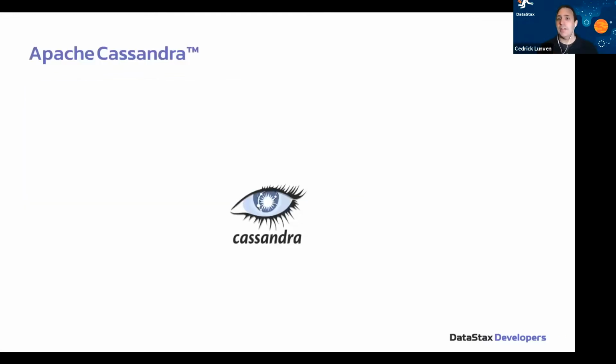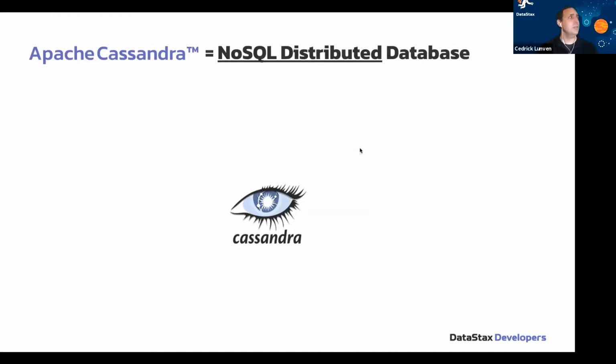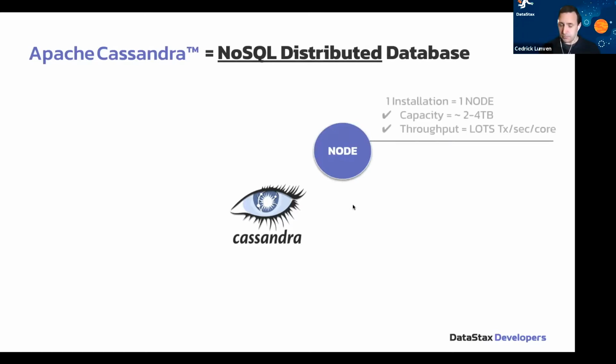Apache Cassandra is a NoSQL distributed database. It was created in 2008, so already 13 years ago. You can install Cassandra on a single node with a capacity of about 2 to 4 terabytes and a throughput of about 3 to 5,000 transactions per second per core. But it's a distributed database, so you want to install Cassandra on multiple nodes.